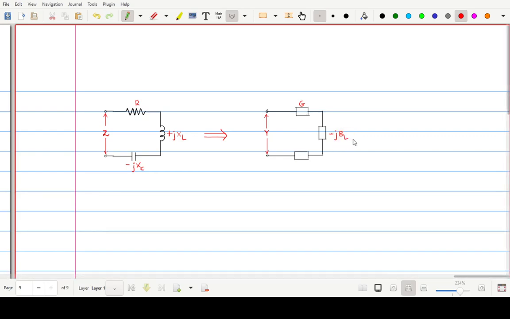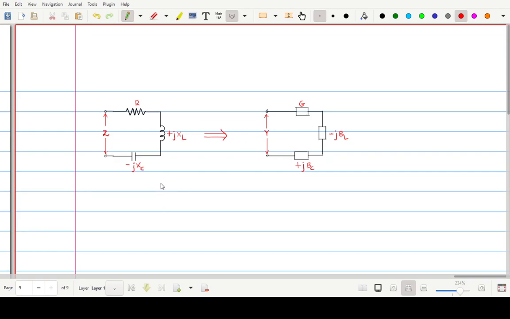So this will be minus JBL, and here we are having minus JXC, so here you will get plus JBC. So capacitive reactance will be converted into capacitive susceptance. In this way you can convert any circuit into its dual circuit. So these two circuits are equivalent of each other.